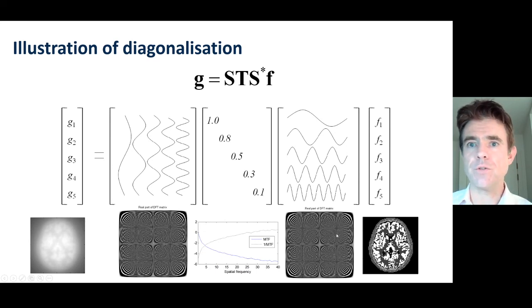So using a very crude illustration at the bottom here, there's the input vector f, which is actually far more than just 5 pixels, so this would be a much taller vector. This then is the Fourier transform matrix, just showing the real part of it. And here I'm showing by the blue line the modulation transfer function.